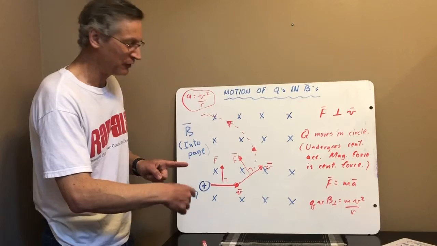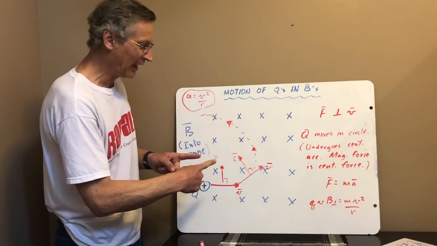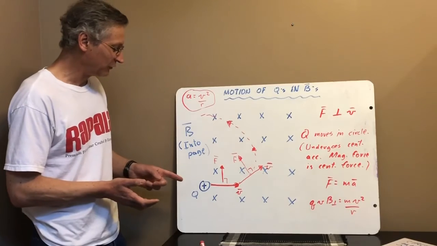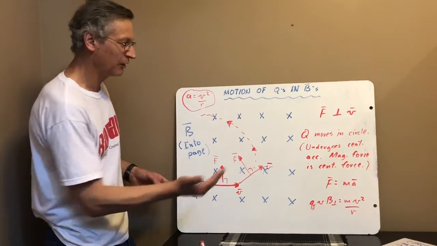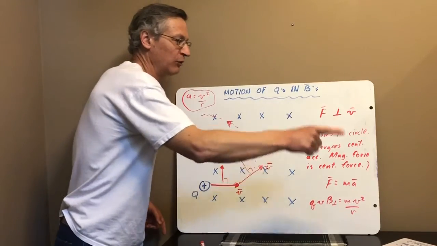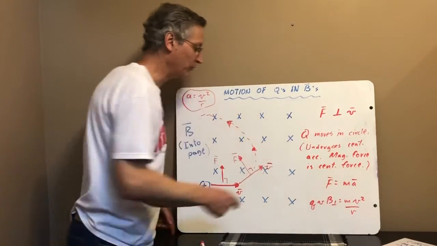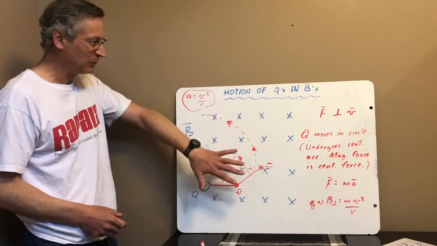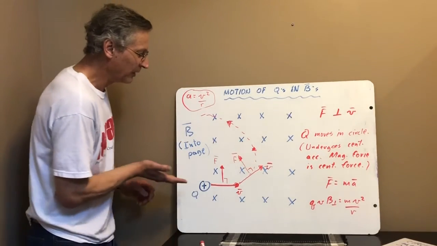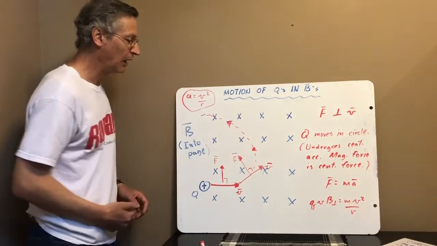But if the magnetic field is going at some slight angle into the page, you learn in more advanced courses that instead of moving in a perfect circle, the charge actually moves in a spiral shape, like so. But for now, we're going to keep it real simple. We're going to be dealing with situations like this, and this charge is going to move in a perfect circle.